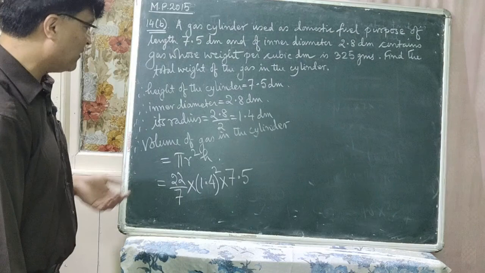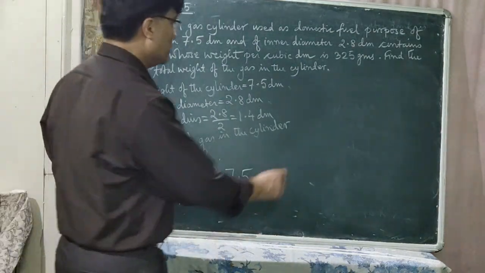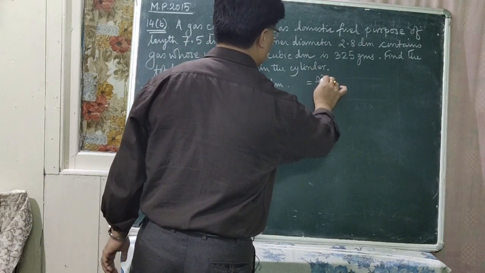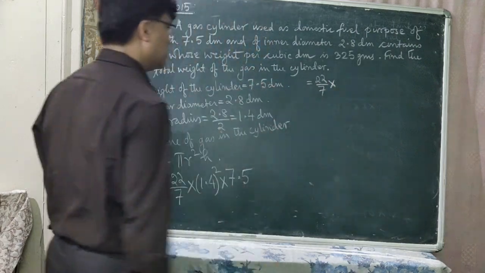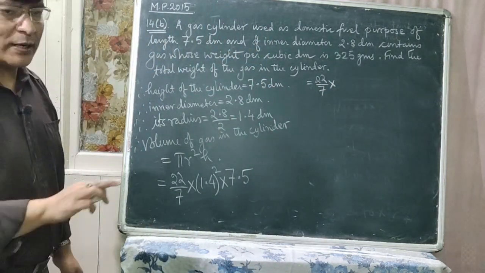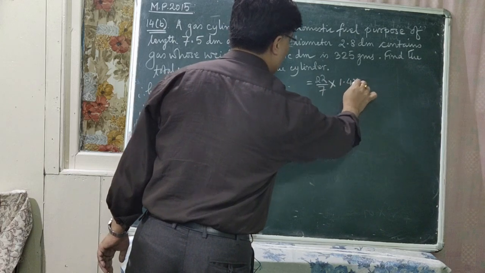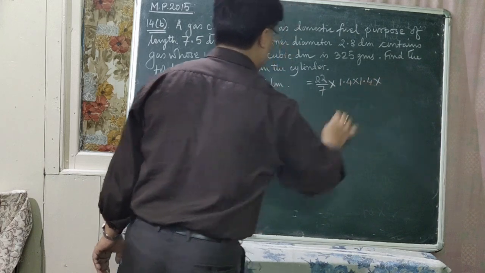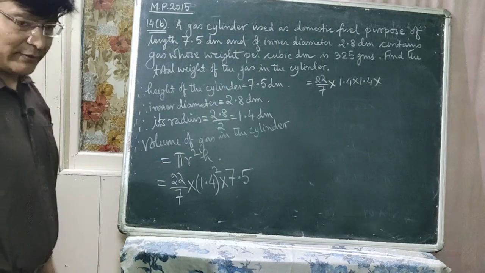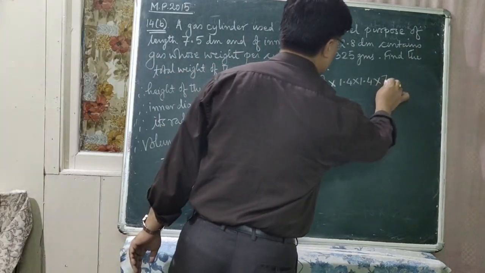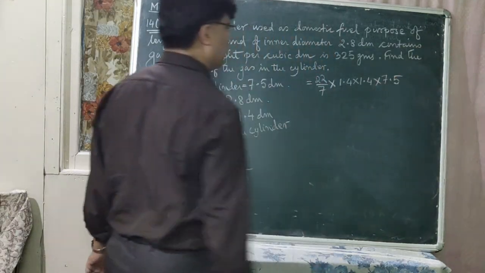So let us simplify it further. Which is equal to 22 by 7 into 1.4 whole square. You can write it two times, 1.4 into 1.4 into 7.5.